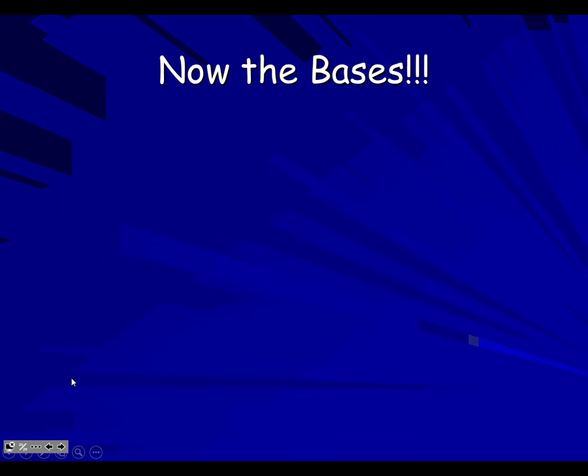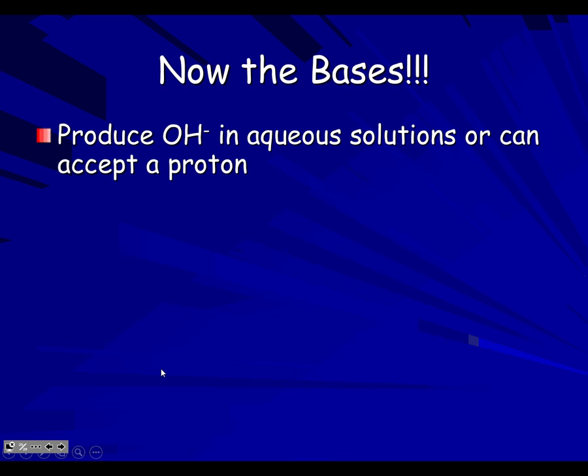And what you're going to find is this is pretty much going to work exactly like what we did for the acids, with one exception. We're going to have to do a little bit of work on our initial equation that we write. So with our bases, they produce hydroxide in aqueous solutions, or they can accept a proton.